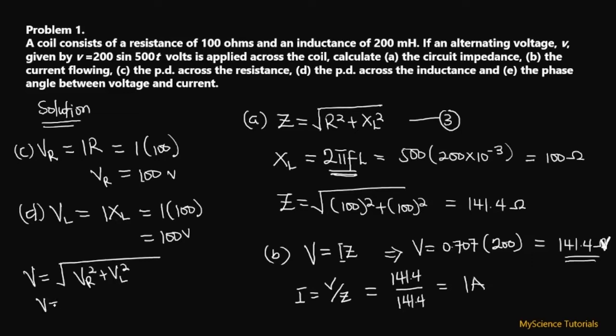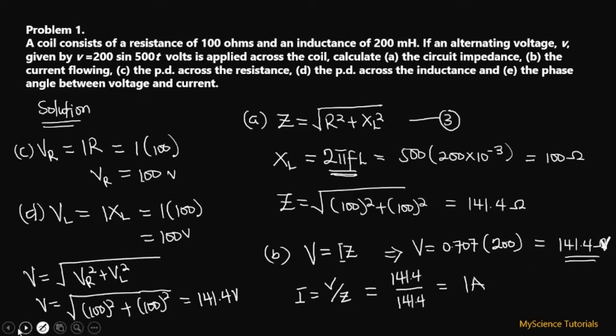So that V is equal to the root of 100 squared, which is VR, what we found over here, plus VL, which is also 100 squared. And so if we compute this into the calculator, we are going to get 141.4 volts, which is equal to what we found over here earlier on.